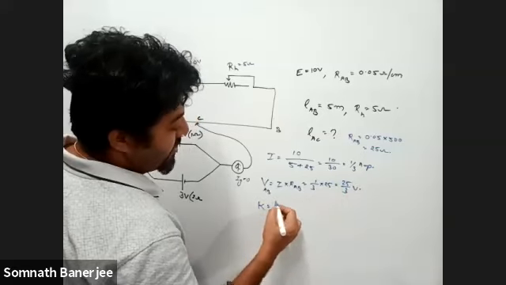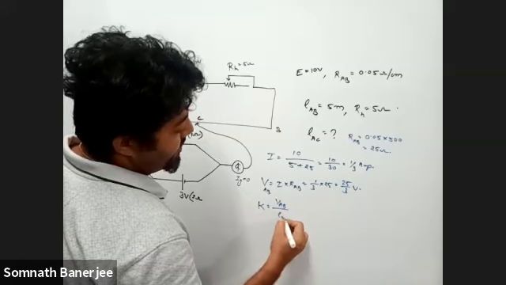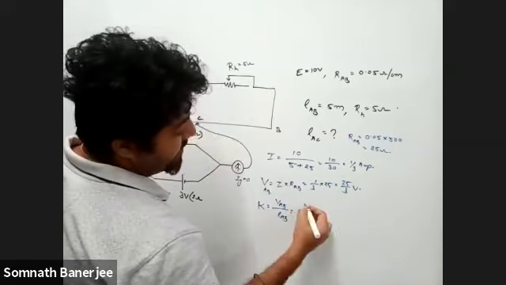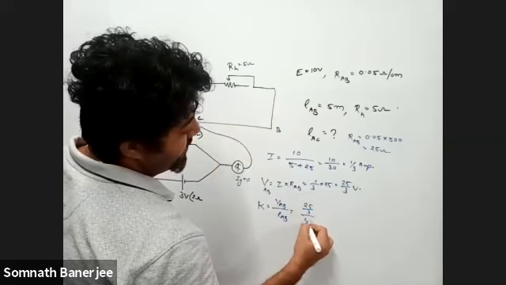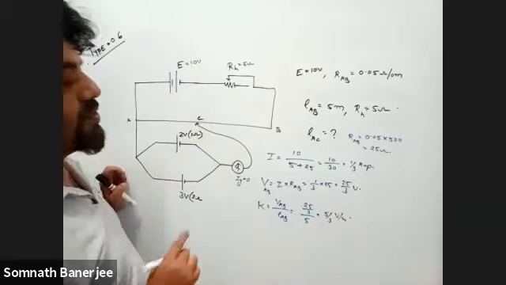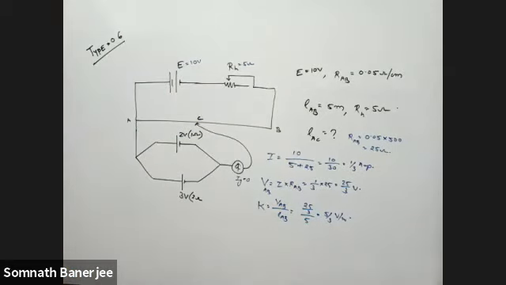Now the potential gradient: voltage of AB by length of AB, 25 by 3 by 5, that is 5 by 3 volt per meter.